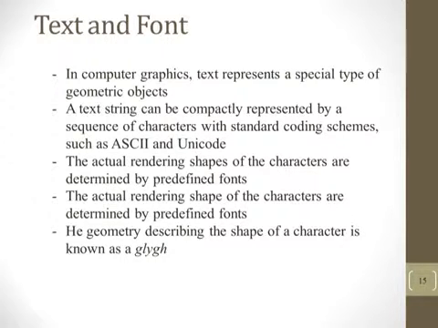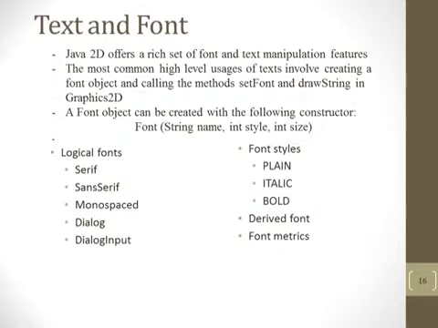A common ligature is FI in some fonts, for example. Java 2D offers a rich set of font and text manipulation features. The most common high-level usage of text involves creating a font object and calling the methods setFont and drawString in Graphics2D, as we saw in the previous example.